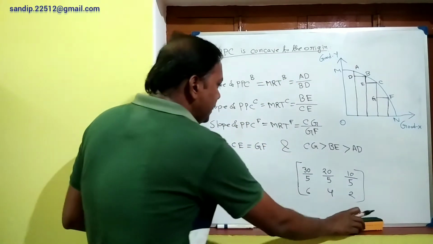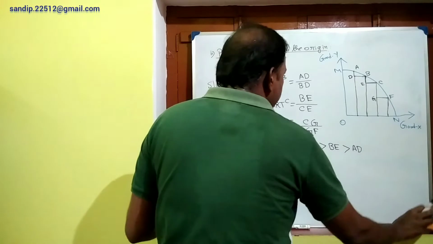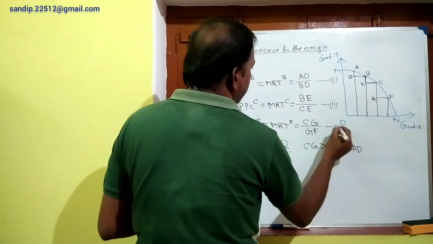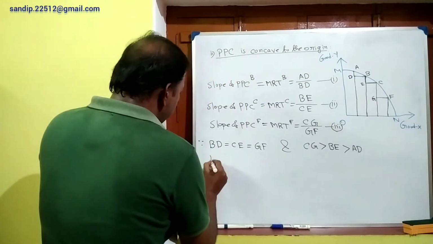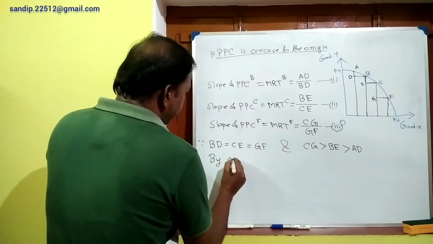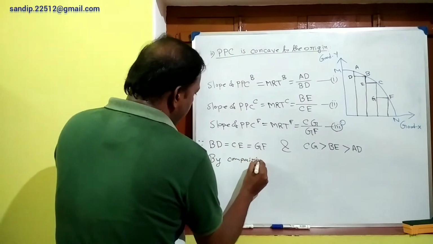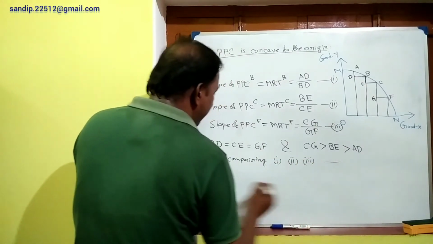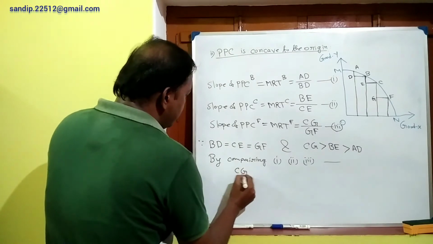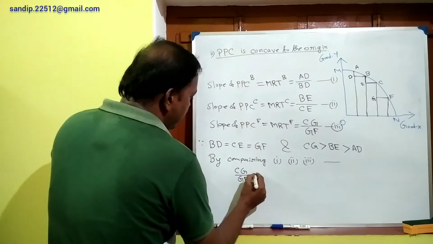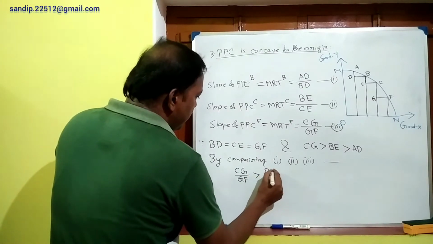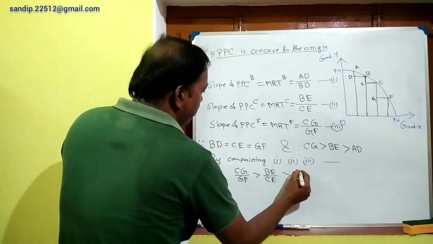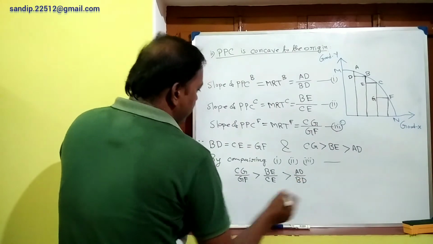If I give the names equation 1, 2 and 3, then by comparing equations 1, 2 and 3, we get that CG by GF is obviously greater than BE by CE, which is also greater than AD by BD.